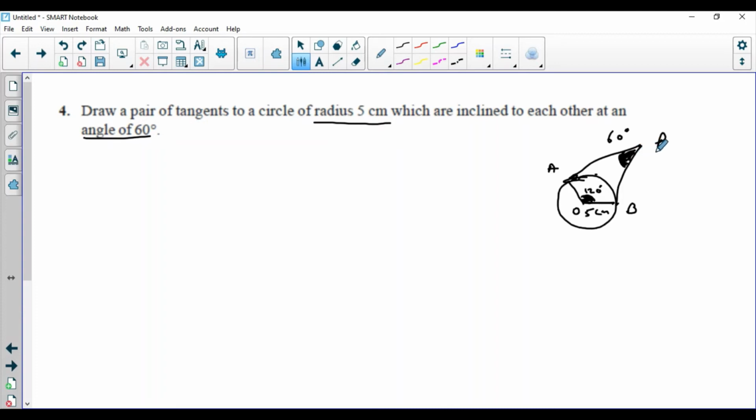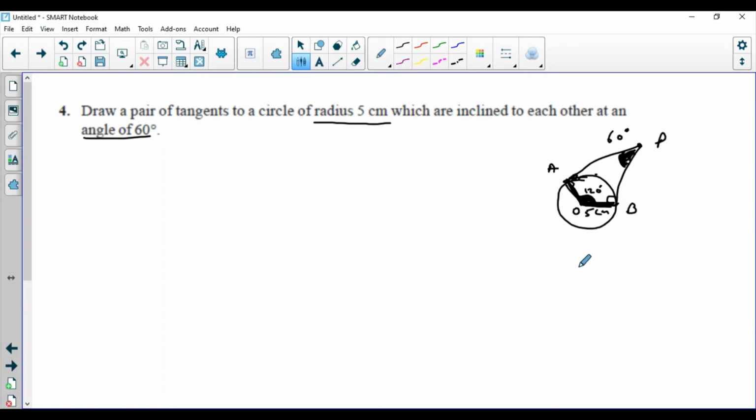So it will be better, because radius we can draw, this base arm we can draw. Taking this OB as arm, we can take OA. Okay, 120 degree angle we can draw, and if we join OA and OB, this will be 90. So at A and B we will draw 90 degree angle, and if we extend this, they will meet at one point P, and that will be our 60 degree angle.